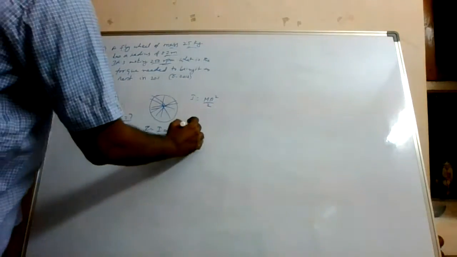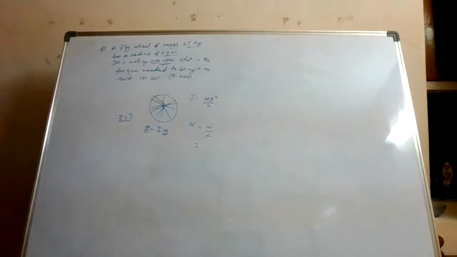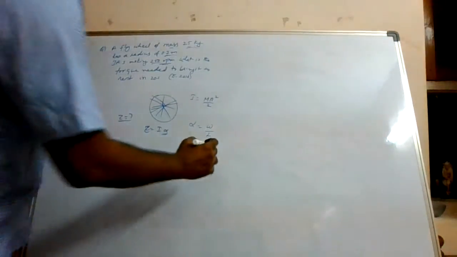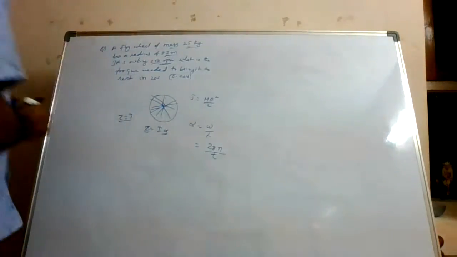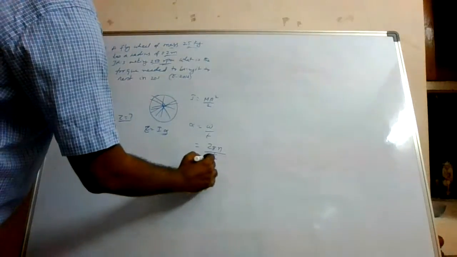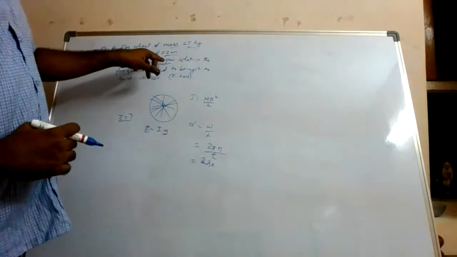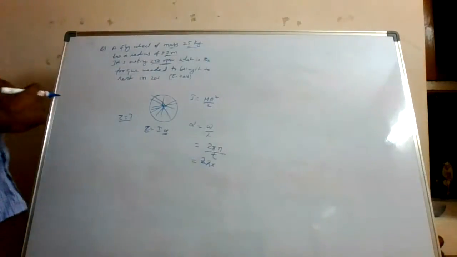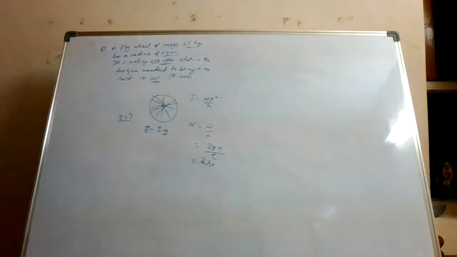What is alpha? Alpha is equal to omega by t, isn't it? So omega is 2 pi n, n is the frequency, divided by t. You can see here frequency is given to you. So it is 2 pi into, now it is in rotations per minute. So we always try to calculate in seconds because it is asking you in 20 seconds, right?